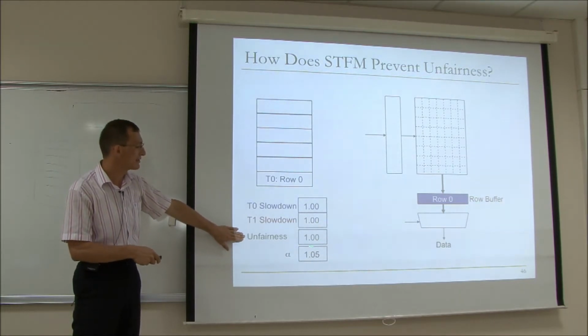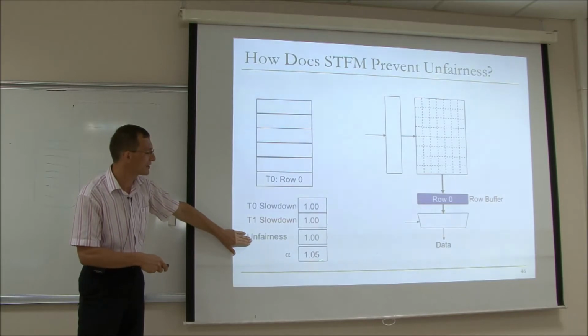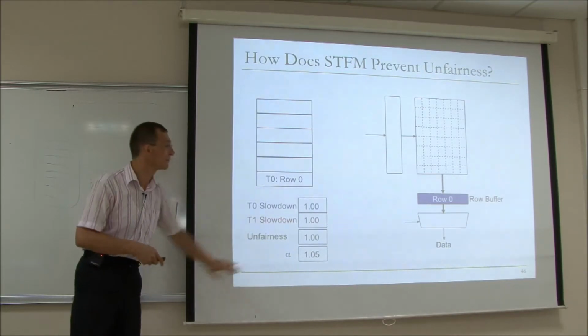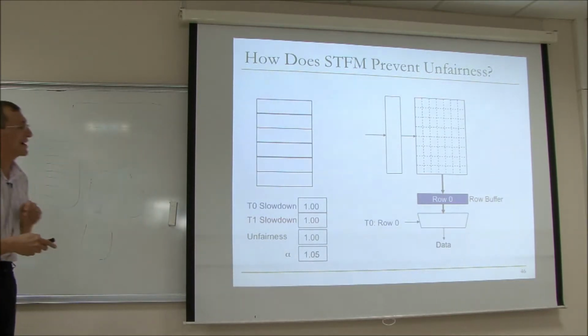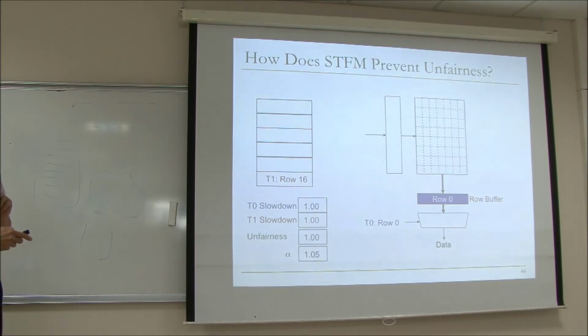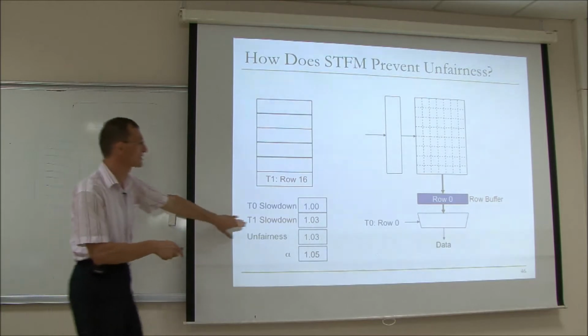And maximum tolerable unfairness is 1.05. That's the alpha value. Let's say thread 0 accesses the first request. Thread 1 needs to access row 16. But its request is not prioritized because thread 0 is accessing the row that's in the row buffer. As a result, thread 1 gets delayed, right? The memory controller keeps track of this delay. So thread 1 slowdown becomes 1.03.